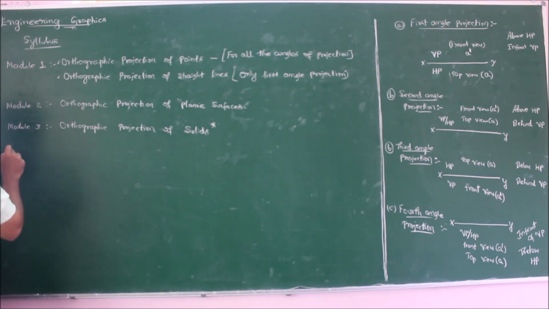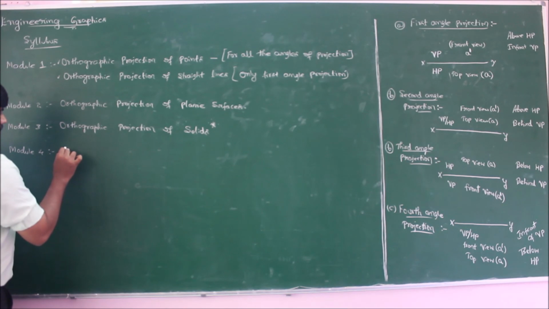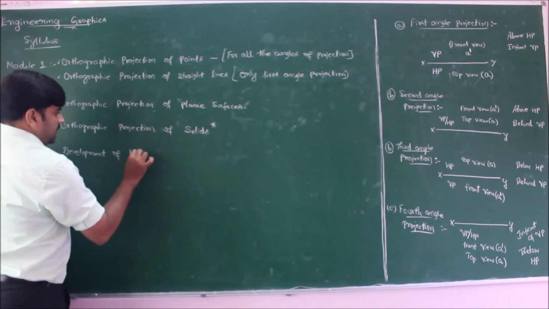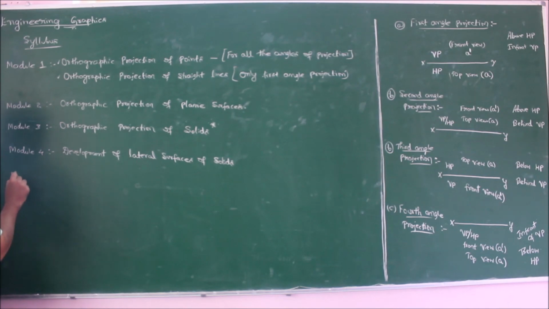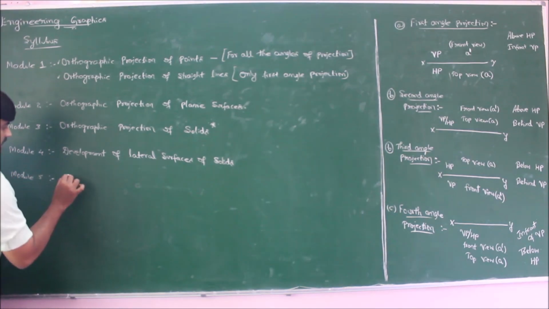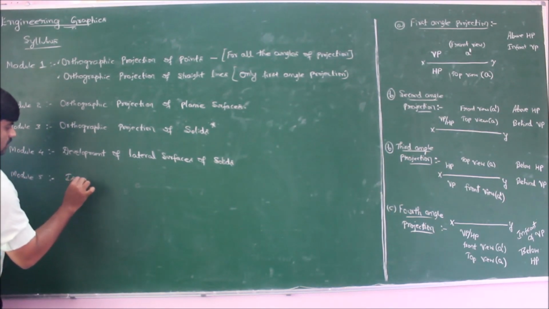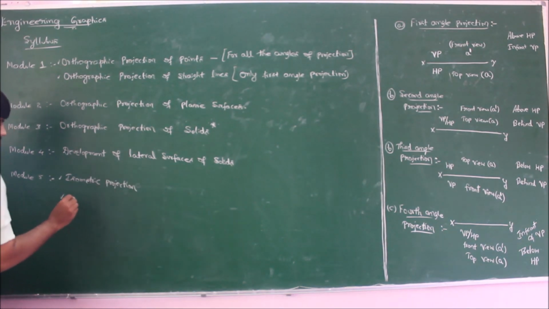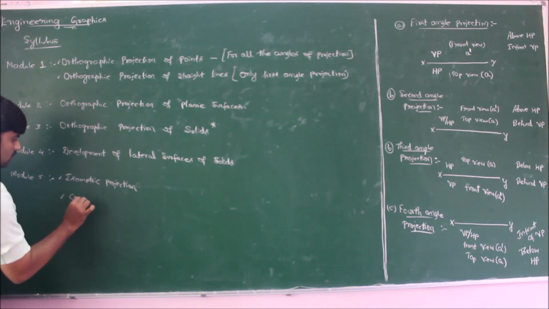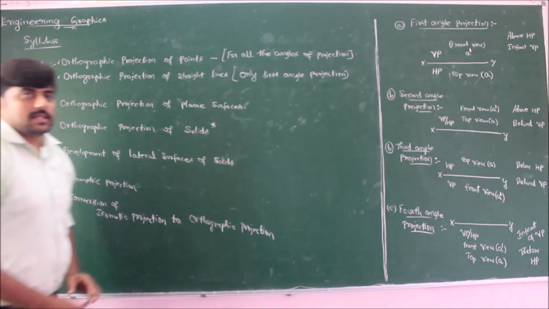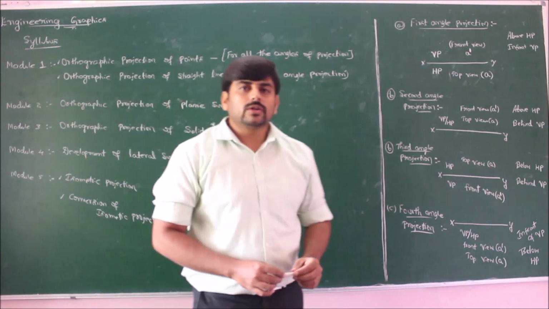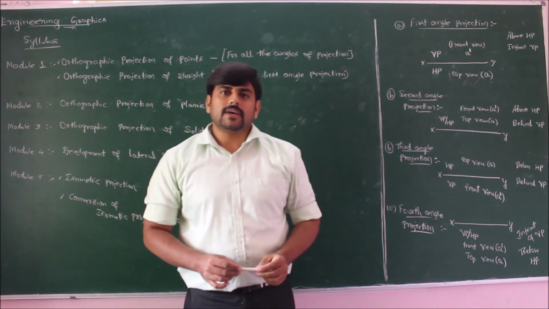Next, moving on to module 4, we will be discussing development of lateral surface of solids, and in the final module we will be discussing isometric projection and conversion of isometric projection to orthographic projection. This is the complete syllabus we are going to cover in engineering graphics.